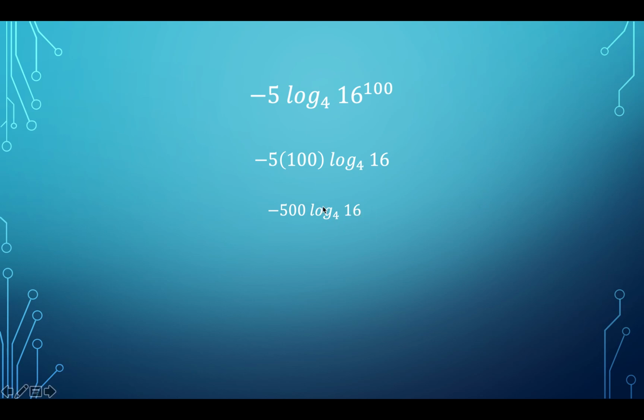You're not done yet, because what do we got to go do? We got to evaluate log base 4 of 16. We use our change of base formula. So we do log 16 over log 4, and that gives us 2. Remember, your final answer isn't 2. Why? Because we have this negative 500 in front. So we do negative 500 times 2, and that gives us negative 1,000. Our final answer is negative 1,000.